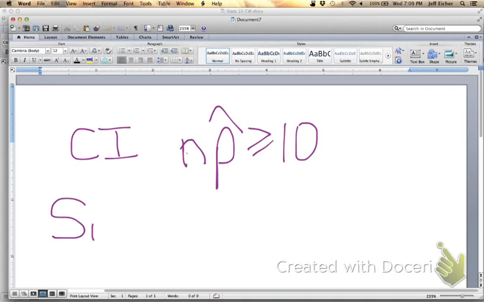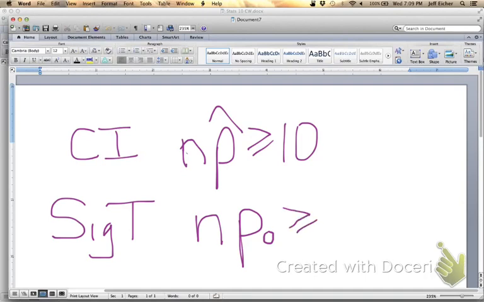For a significance test, you would have to do n times your hypothesized proportion. Is that greater than or equal to 10?